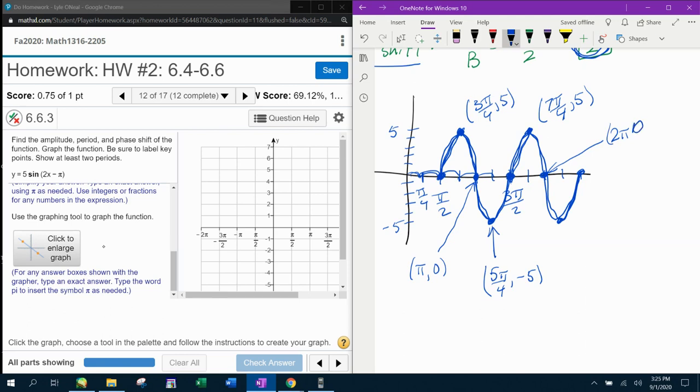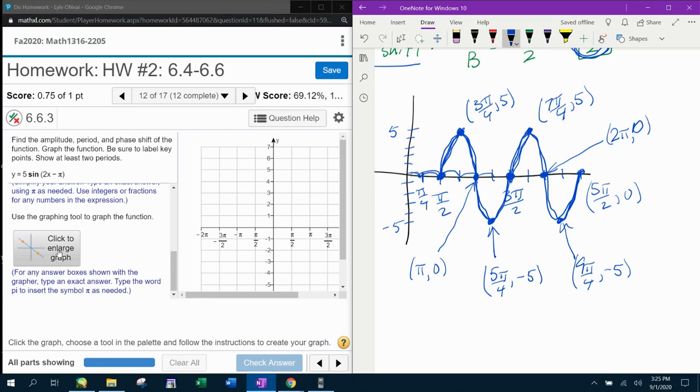We're back at 0. 9/4, we're at -5. And then 10/4, which reduces to 5 halves, we're back at 0. So you can actually label every one of these critical points, knowing that each one of these tick marks is a fourth of a pi. And that's how you can get those critical points.